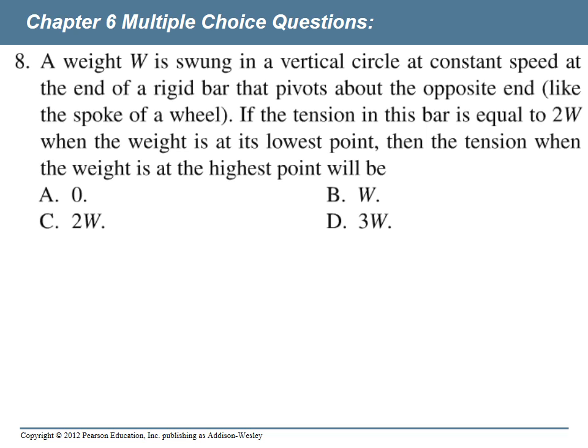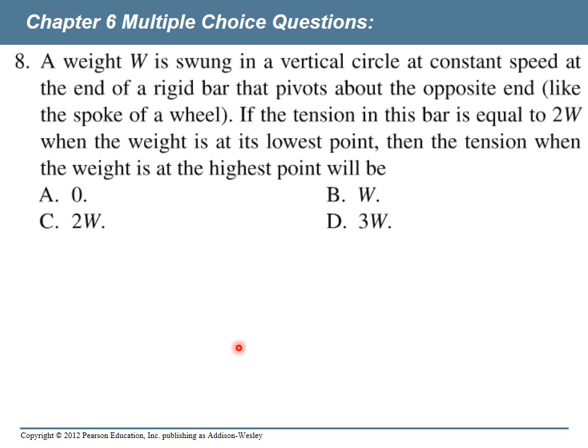So in this one, we have a mass at the end of a bar, the end of a spoke of a wheel, and when the weight is at its lowest point, the tension is equal to 2W, or twice the weight. W is the weight, right? So the tension is 2W when it's at its lowest point.